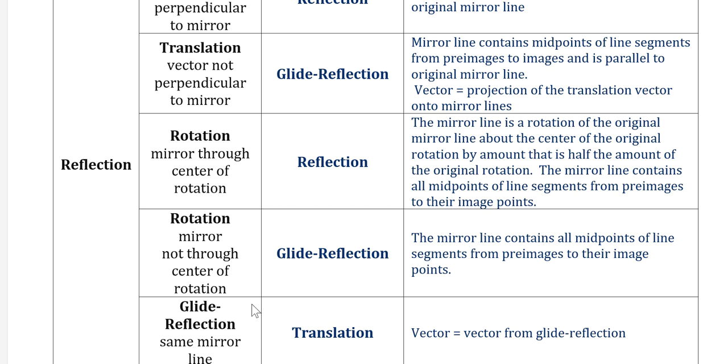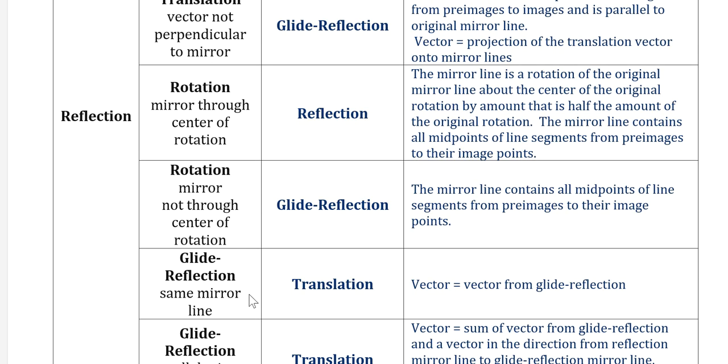A reflection followed by a rotation, the mirror not going through the center of the rotation, is a glide reflection. This mirror contains all the midpoints of the line segments from pre-image to their image points. If you do a reflection followed by glide reflection with the same mirror line, you get a translation, and the vector is the vector from the glide reflection.